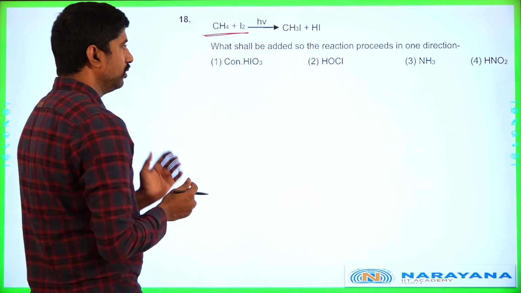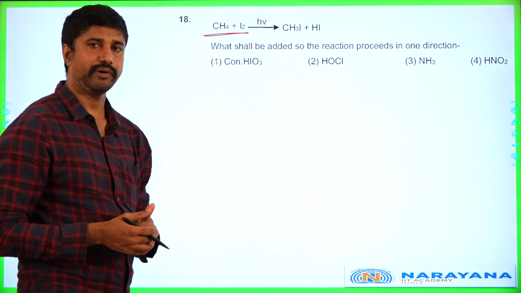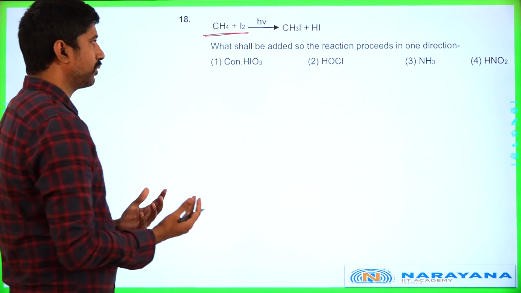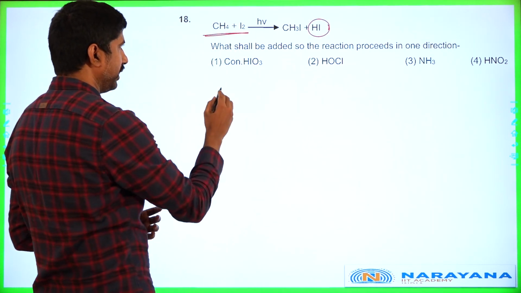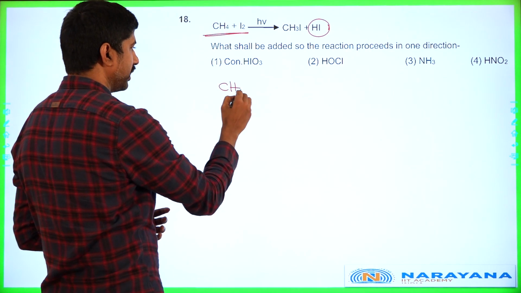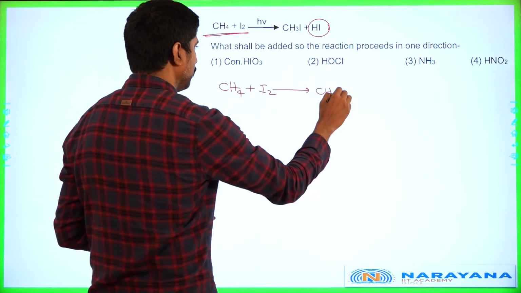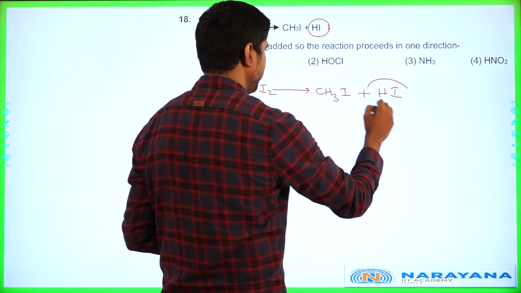So how can we make this more of a forward reaction? With the help of what agents? The problem is, the formed HI is responsible for the backward reaction, and if you wish to make it only forward, if you wish to form only CH3I, then the HI should be immediately removed.